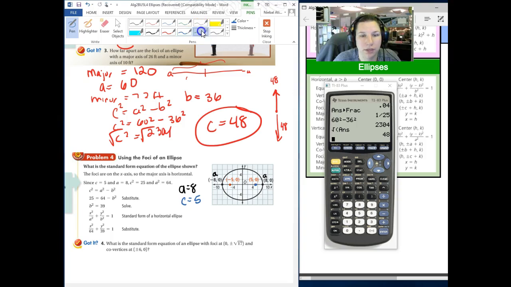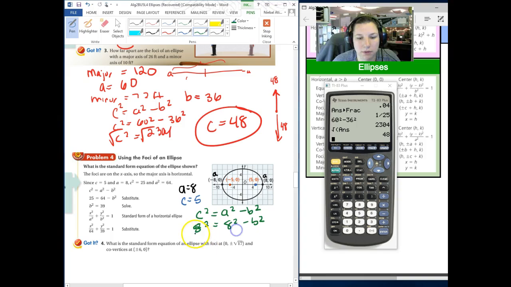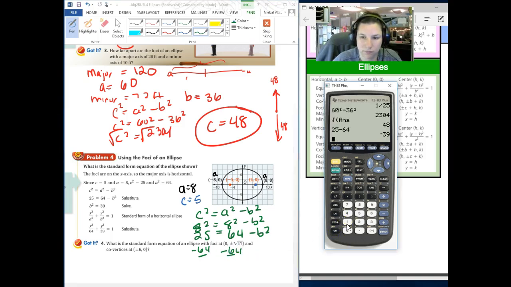So let's calculate b instead of trying to guess. c squared equals a squared minus b squared. So 5 squared equals 8 squared minus b squared. So 25 equals 64 minus b squared. So we get negative 39 equals negative b squared.